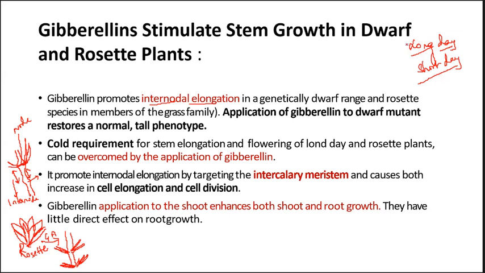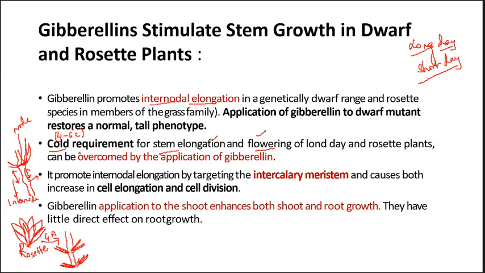So these long day plants have a cold requirement for stem elongation and for flowering. When they are exposed to cold conditions, for example 4 to 6 degrees centigrade, they show stem elongation and flowering.